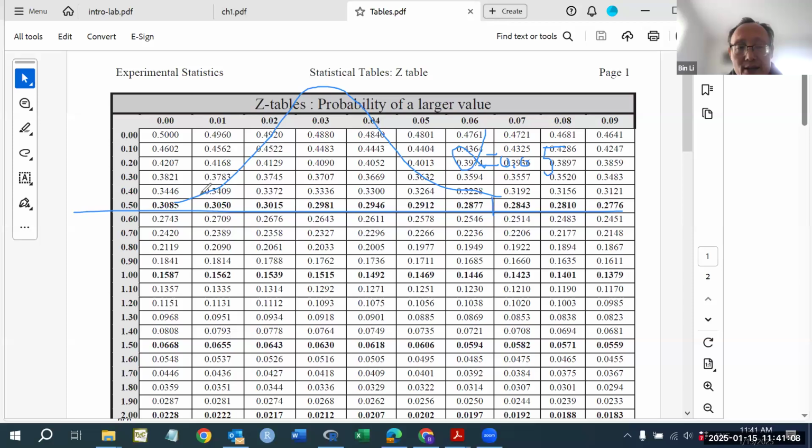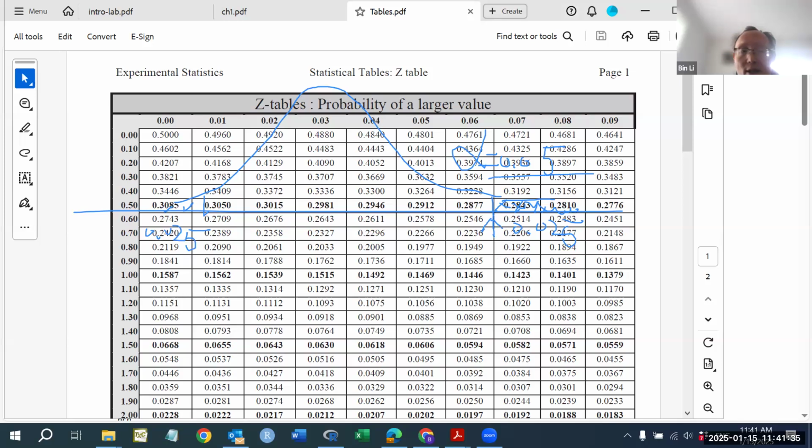So for a two-sided test, what is the rejection region? One tail should be what? 0.025. That's the right area, right? The left area is another 0.025. If we add them together, it will be 0.05.